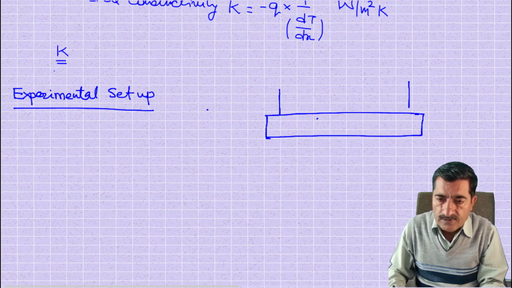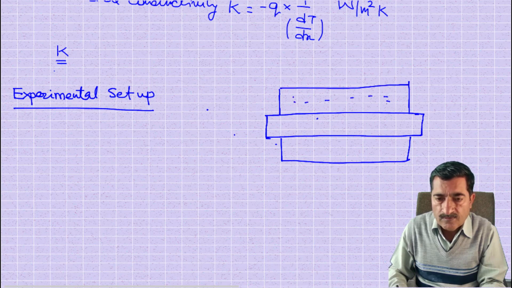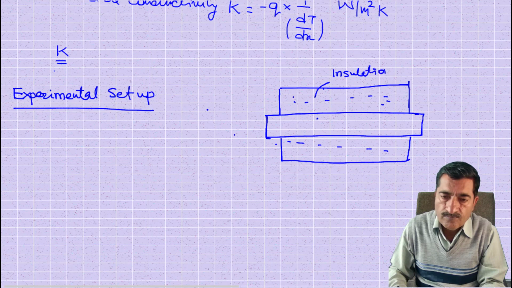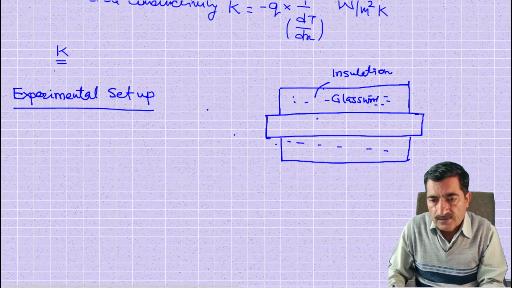It is insulated. This is insulation, here this is glass wool, and here is the end of the metallic rod.